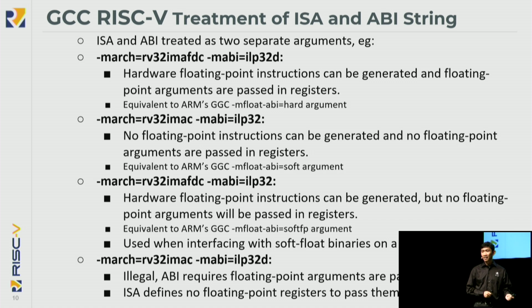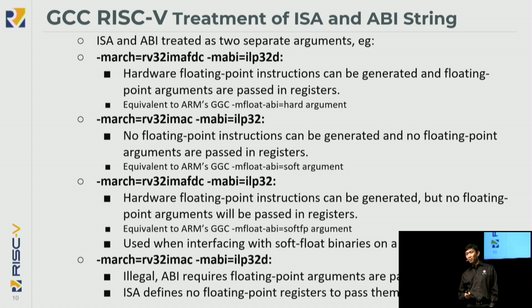On the other hand, in the second case, because you didn't specify a D, no floating point instruction can be generated, and no floating point can actually be passed in registers.